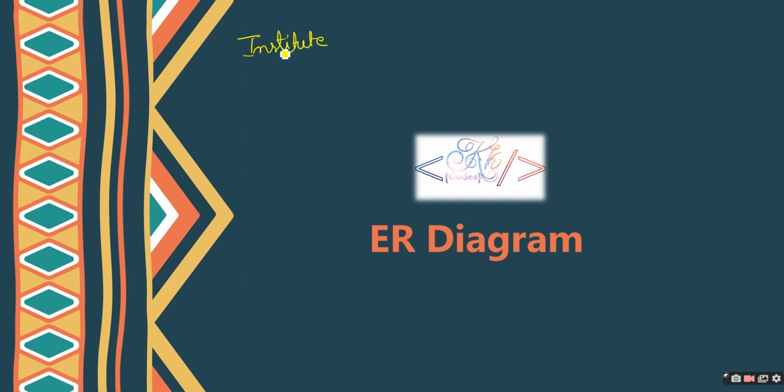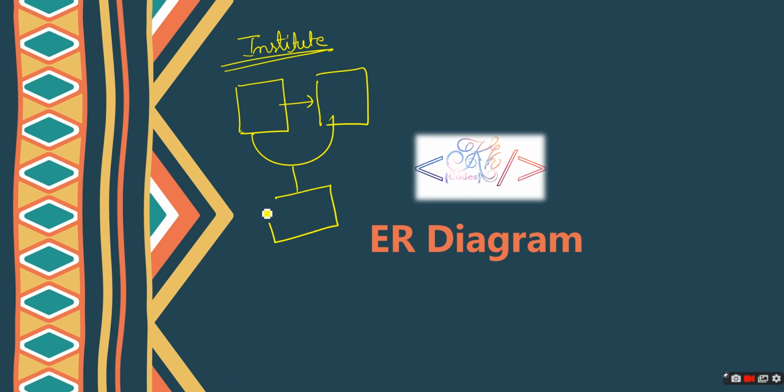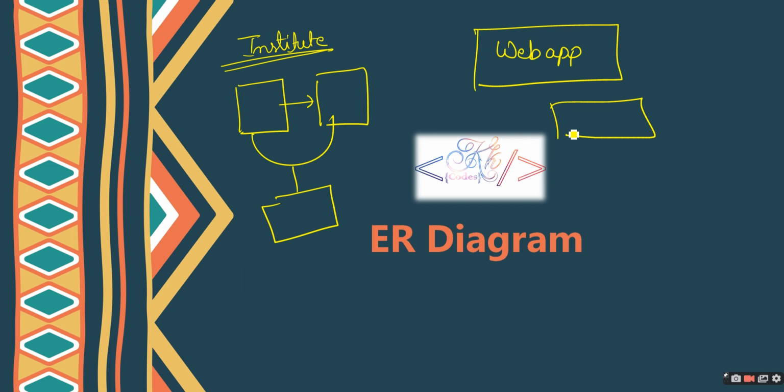Before creating any database, I would like to first analyze what kind of details I want to store and how the tables should be related to each other, so that it will be easy to evaluate the output in our web app or any app.